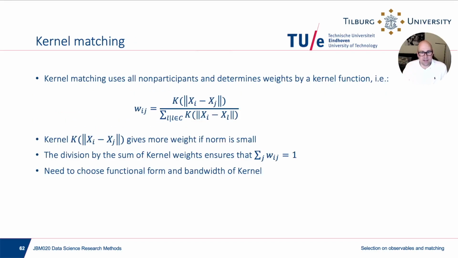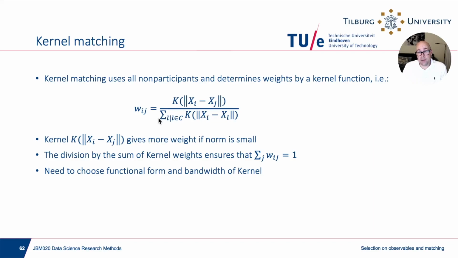The next thing that is similar is kernel matching. So what one would do here is again use that norm. So one measures the distance between x_i and x_j, and k is simply a weighting function. If that distance is 0, then k evaluated at 0 would be biggest, and the bigger the distance is, the smaller the weight would be.